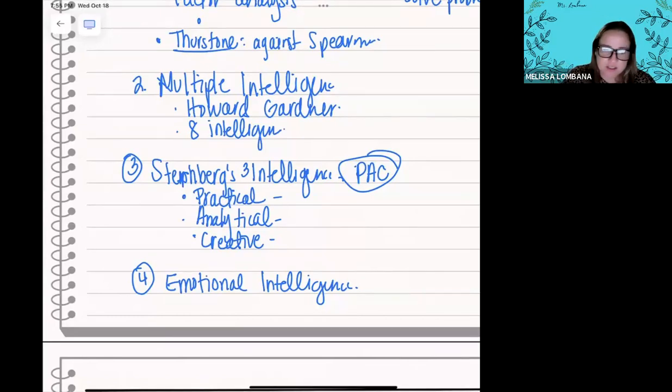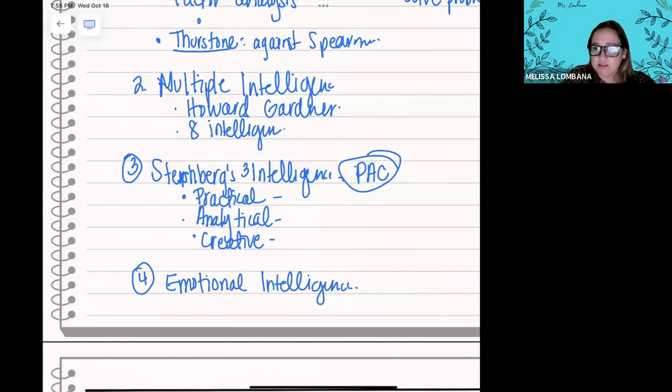So it's understanding the emotion. The next one is managing your emotions. Do you know how to express them in any situation? And last but not least is using the emotions correctly to enable adaptive or creative thinking. So please make sure that you have all of those four, and what does it mean, because you're definitely going to need to know that.